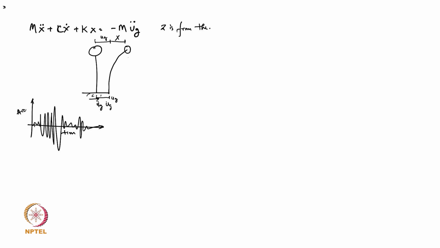So if I start writing the equation of motion, the inertia term will be m x total double dot plus, now think how much is the elastic restoring force. The column gets deflected only by x amount, not by xg, because the base is shifted by xg. The strain in the column is proportional to the deformation in the column, so that will be only k into x, and automatically damping will also be this much.